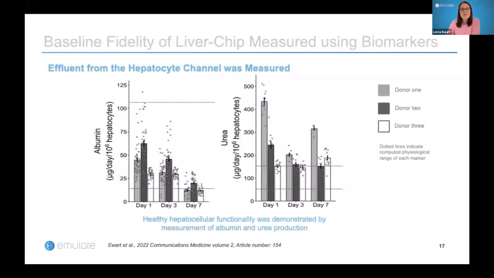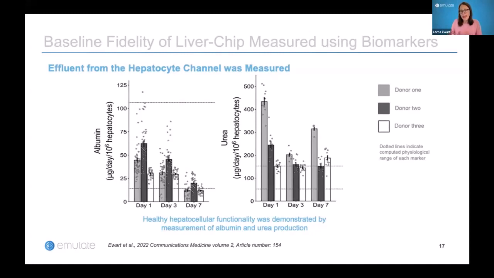Next, we had to demonstrate that our liver chip would produce the baseline markers. Albumin is routinely used as a marker of hepatocyte health and baseline functionality, as is urea. The dotted lines on this slide indicate some computed levels.